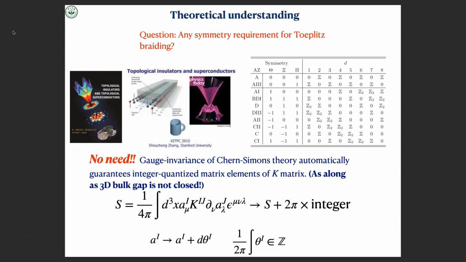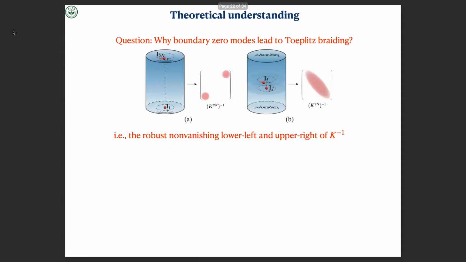So here the second question is why the boundary zero mode leads to this Toeplitz breaking. In other words, why does the boundary zero mode of the K matrix lead to this robust non-vanishing lower left and upper right of K inverse?